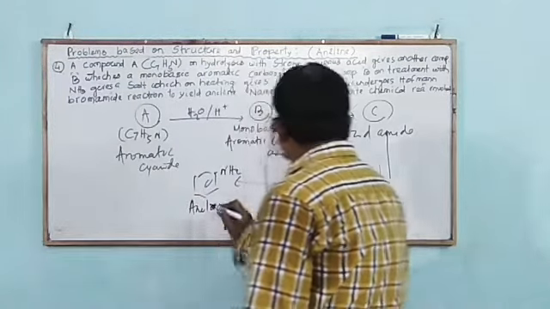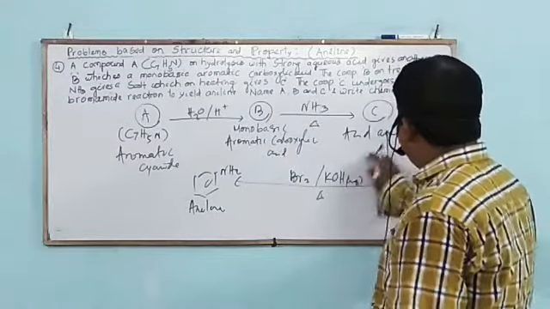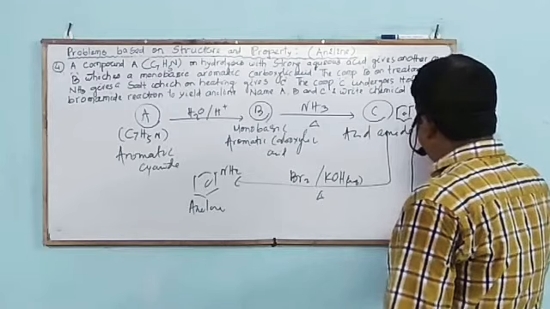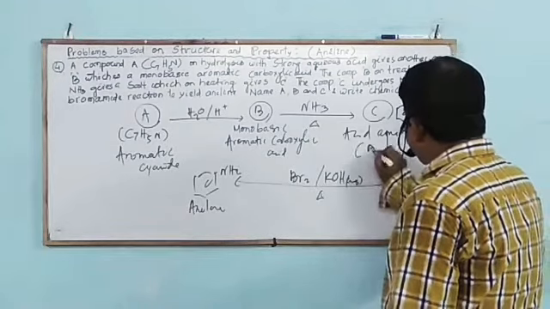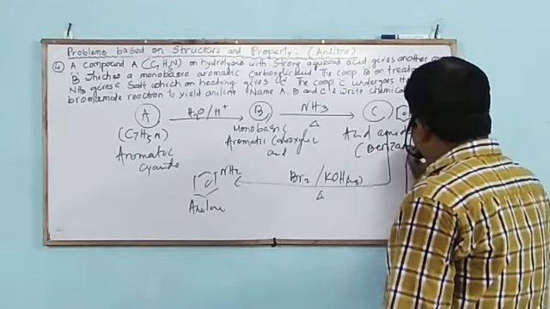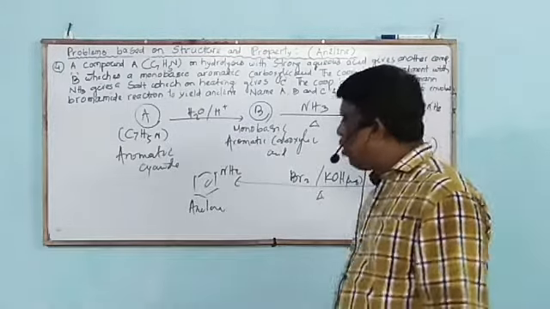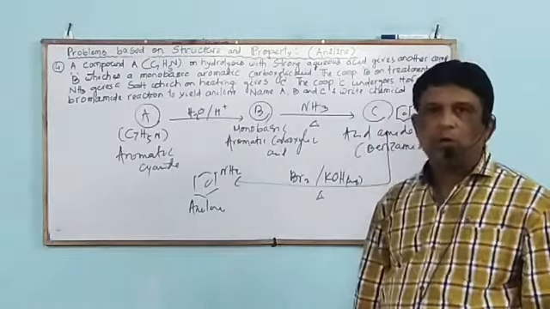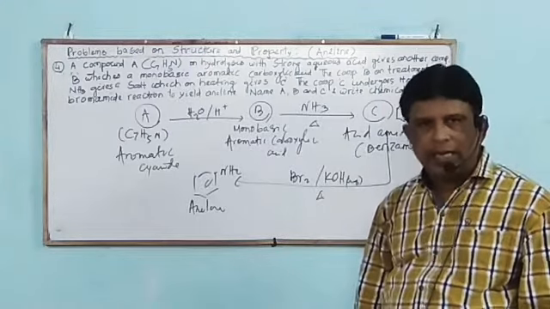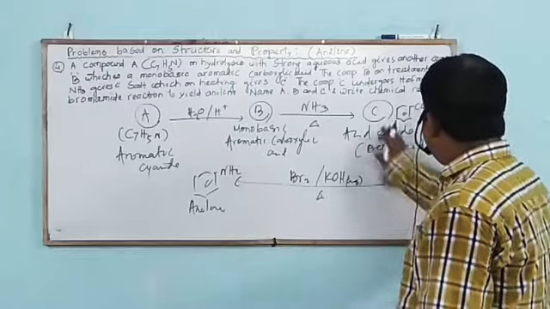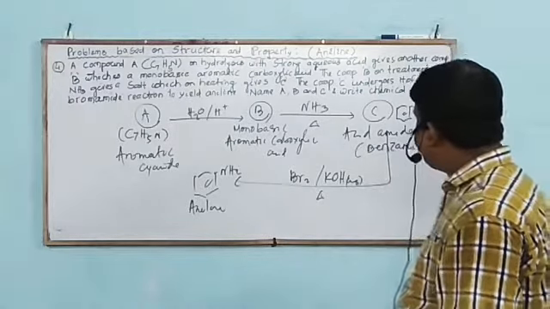So C is benzamide, C6H5CONH2, because benzamide in the Hofmann bromamide reaction undergoes degradation, decreasing one carbon atom, to form aniline. So C is benzamide.